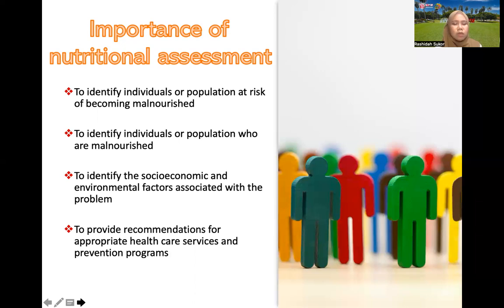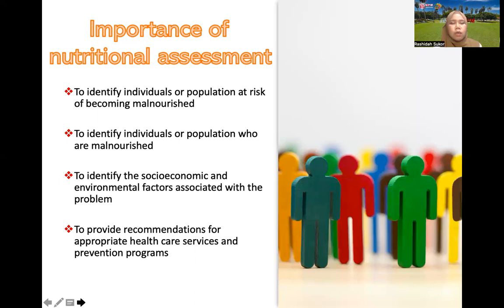A lot of studies are being done on these B40 groups, and the government also gives priority to them. So we want to identify if the socioeconomic and environmental factors associated with this group contribute to the problem of malnourishment.